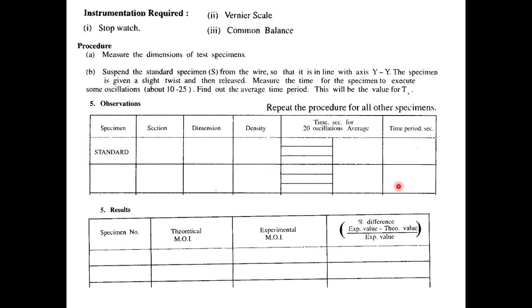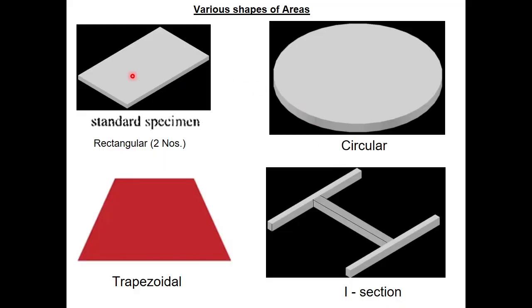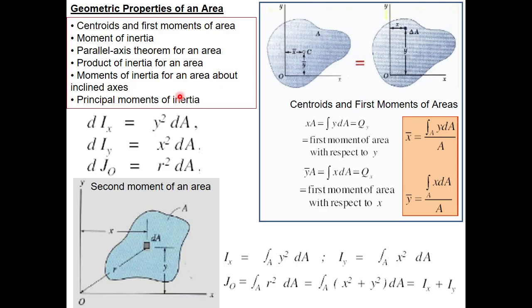So this thing we will do, observing the time period. Now what? This is the result. The experimental moment of inertia is coming from this equation, and where from are we getting the theoretical? There are certain equations to find out area moment of inertia.